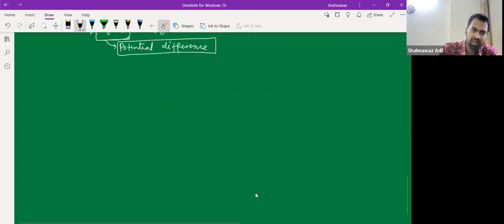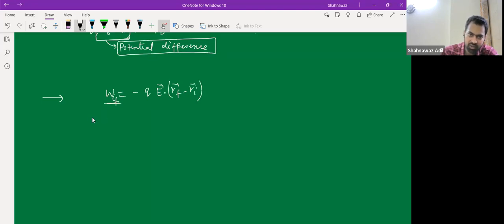Okay. And then what did we learn? We learned that if we are bringing a charge from A to B, in the presence of a uniform electric field, W from initial to final is minus QE dot (RF minus RI), and this is related with potential.